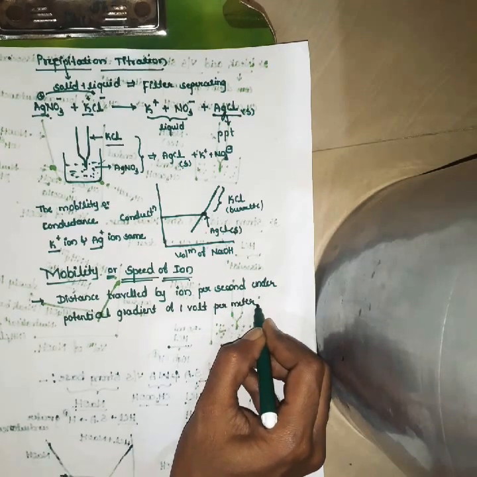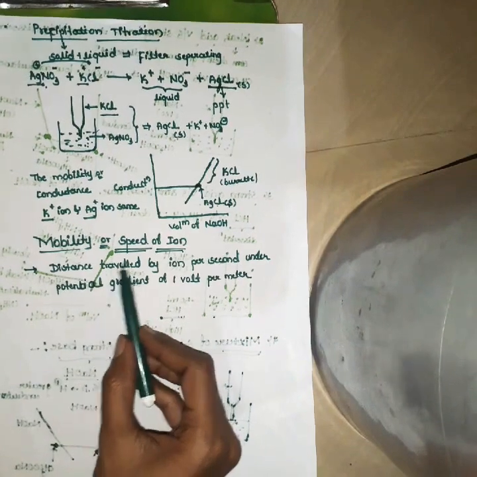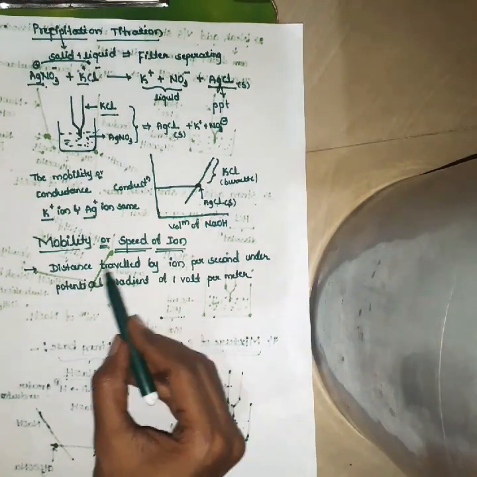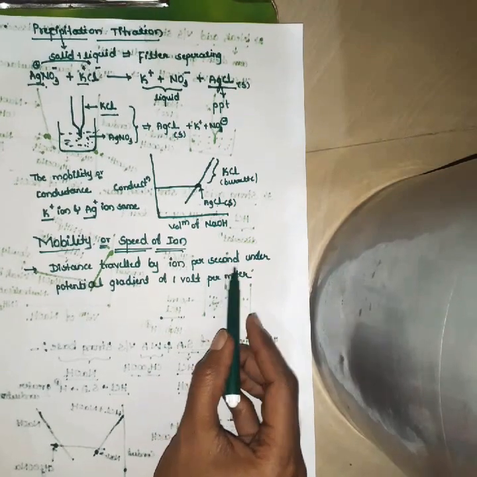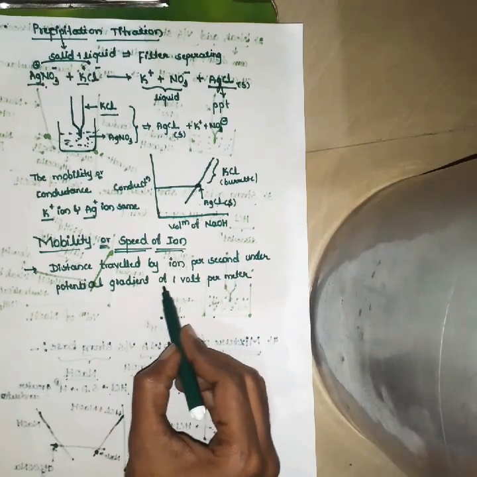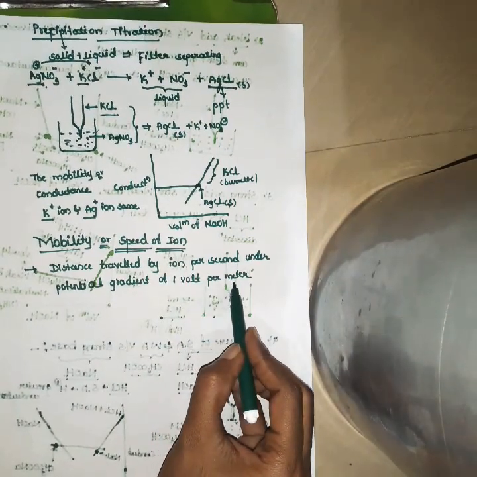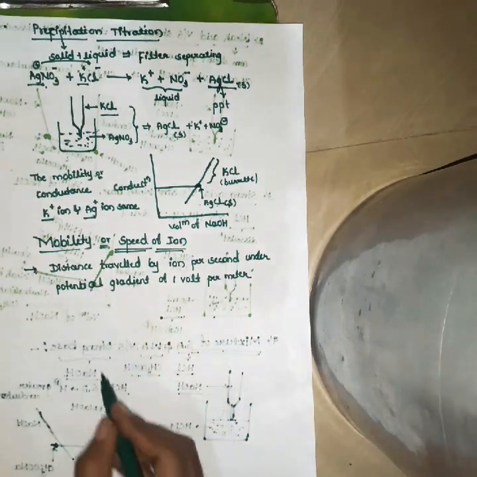Mobility of the ion, or speed of the ion, is defined as the distance traveled by the ion per second under a potential gradient of 1 volt per meter.